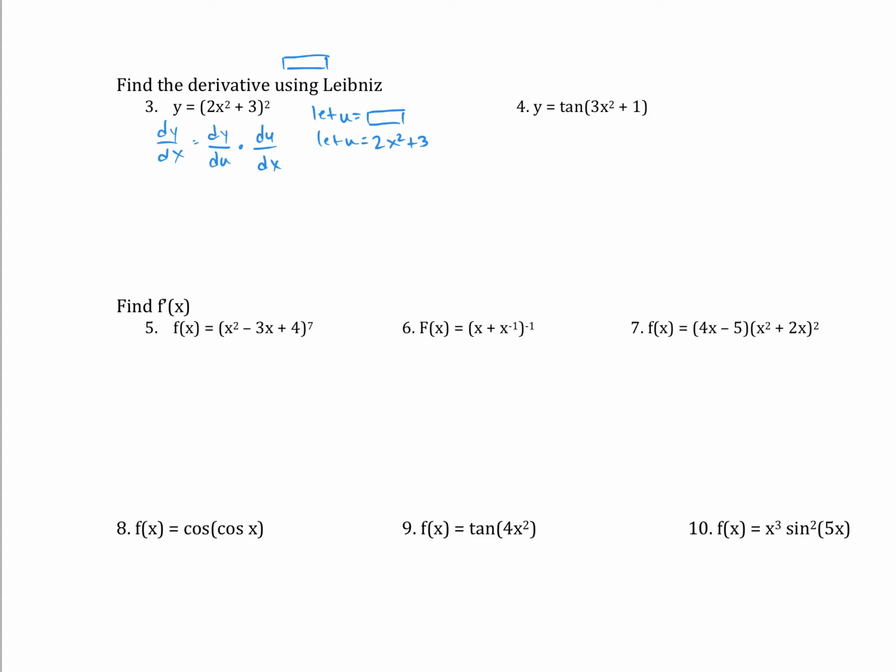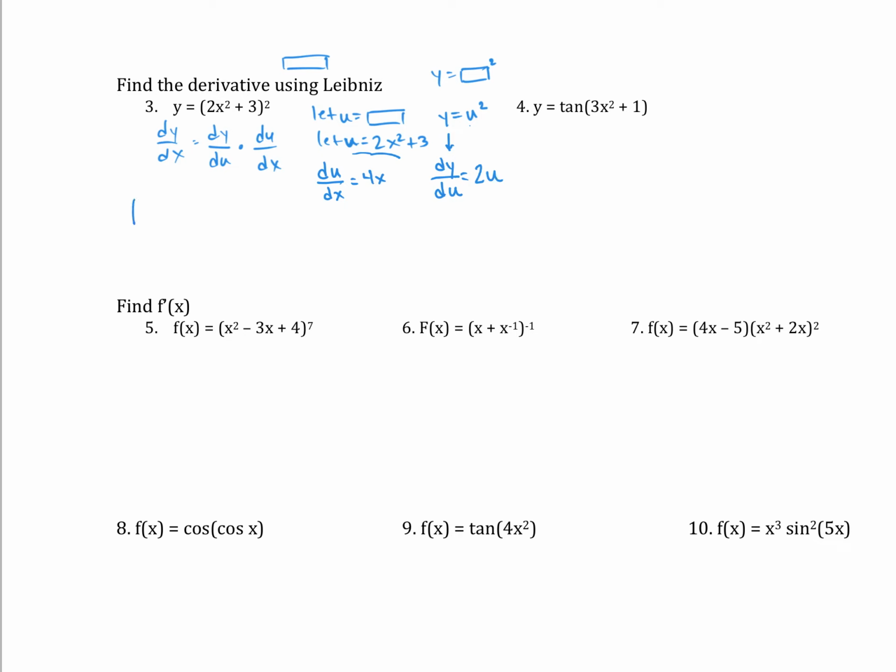Okay? So now, y will be u squared, right? It's the box squared. Y is this box squared. And this box, we renamed it to be u. So now I'm going to take the derivative over here, and I've got du with respect to x as being 4x. I'm going to take the derivative here. dy with respect to u, because that's my variable, will just be 2u.